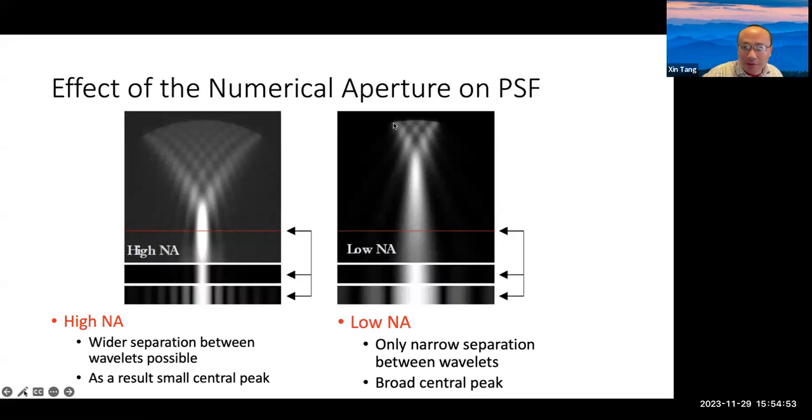If you have a very small numerical aperture, the angle is very shallow, so you have fewer wavelets, and the pattern at the center becomes wider. This is not good. If you want to see the details of the particles better, you want the image to be narrower.